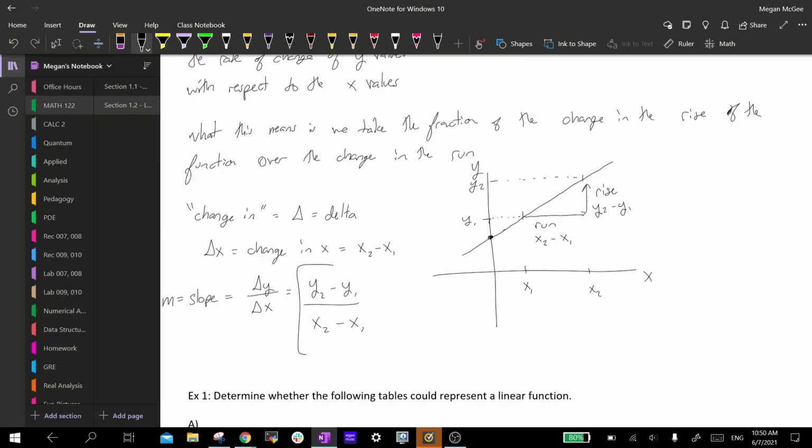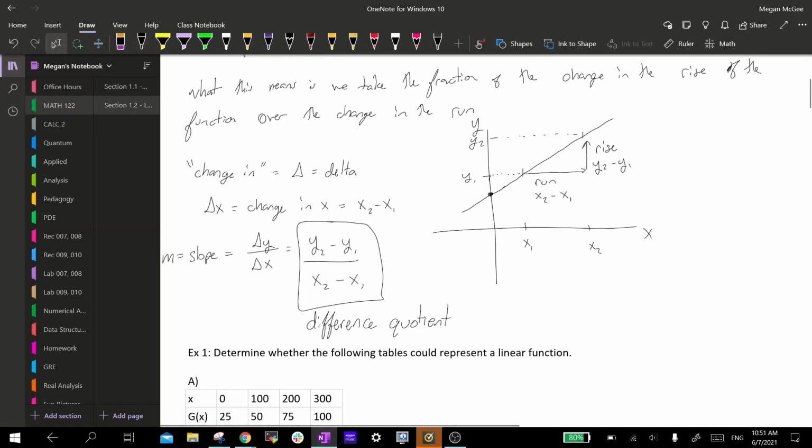Okay? And this last form here, this is called the difference quotient. When you subtract two things, it's called a difference, and when you are dividing, you have a quotient. So we have the difference quotient.